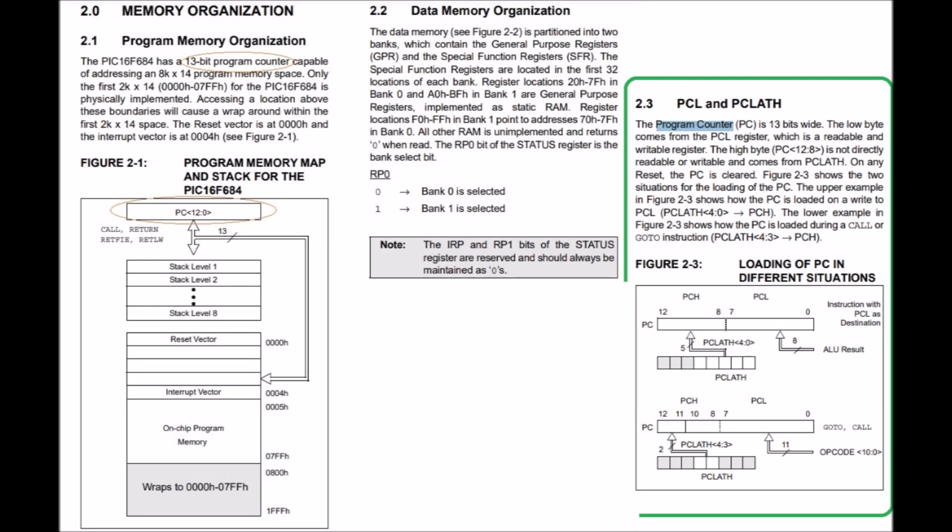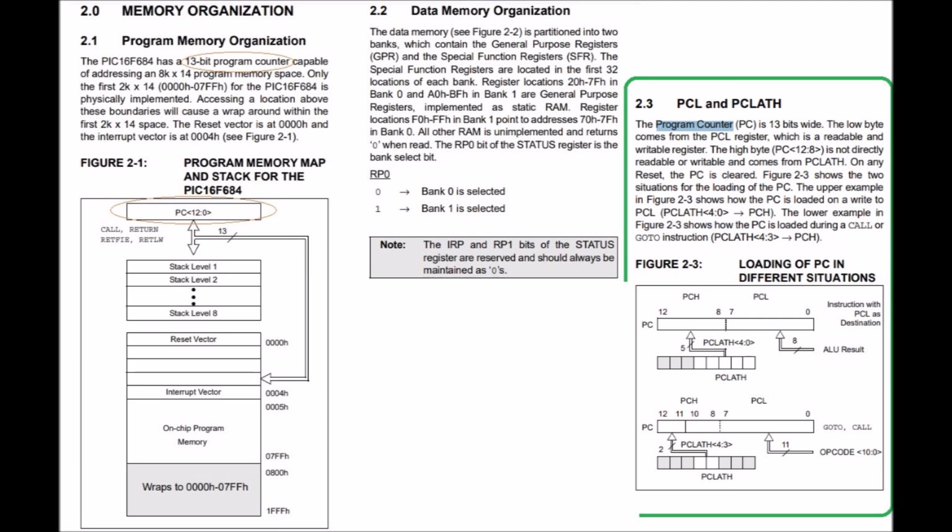Here are the key points about the program counter in the PIC16F684. Function. The program counter holds the address of the next instruction to be fetched and executed from the program memory or flash memory.